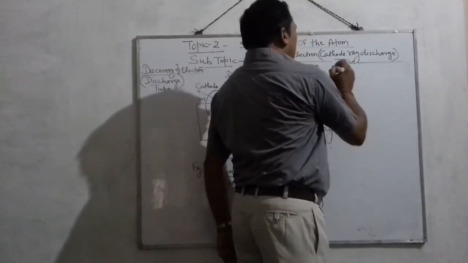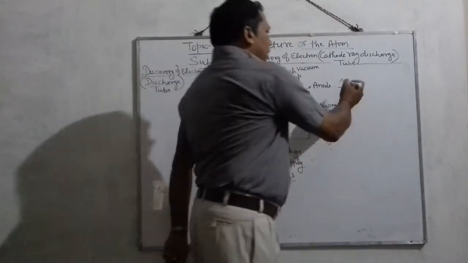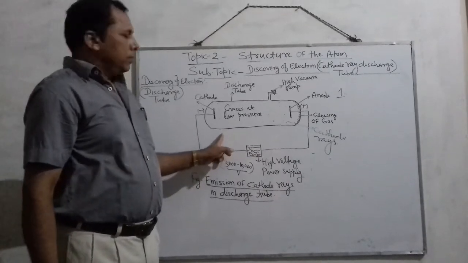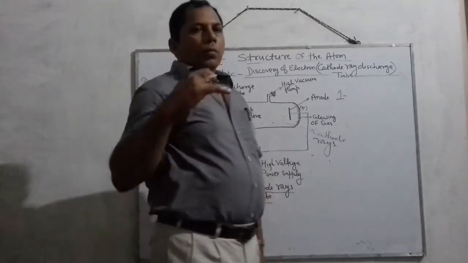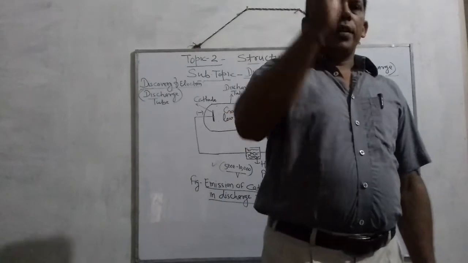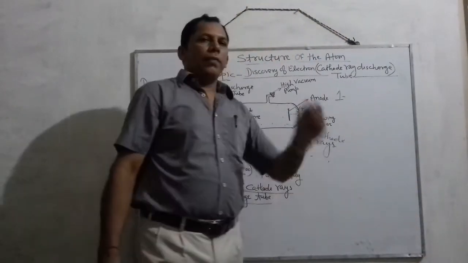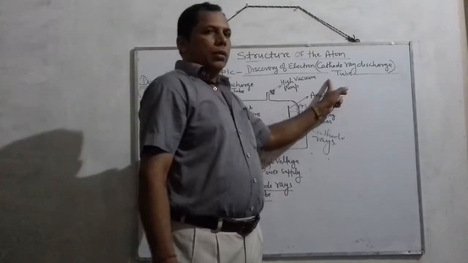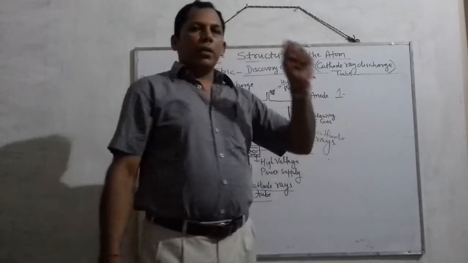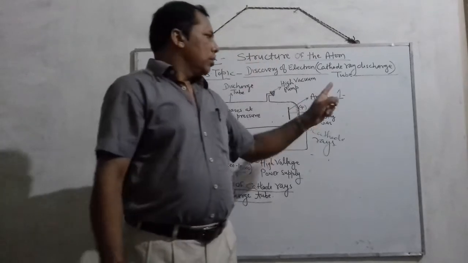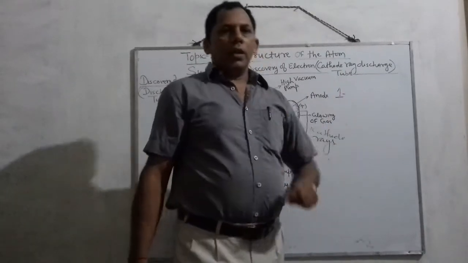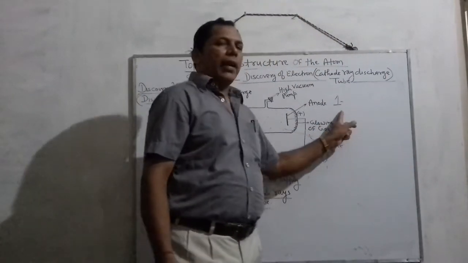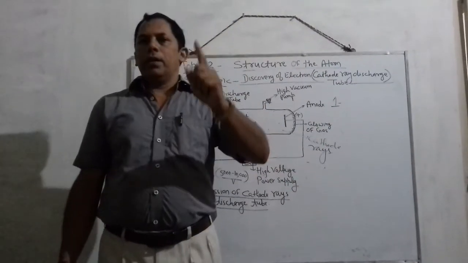First result of this experiment is that the cathode rays move in a straight line in the absence of electric or magnetic field.